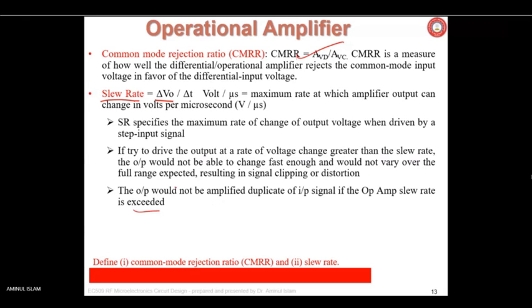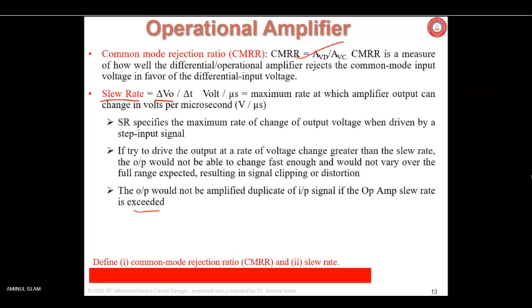See, an op-amp comes in a chip also. You might have used an 8-terminal chip. Have you seen an op-amp or not? Used? Yes, sir. IC741. So whenever the manufacturer is supplying or selling it in the market, they specify this slew rate, CMRR, and so many other things.